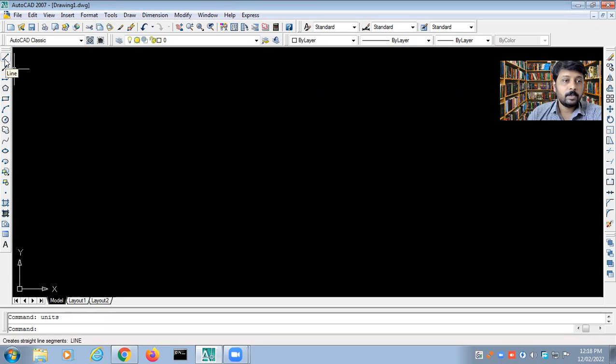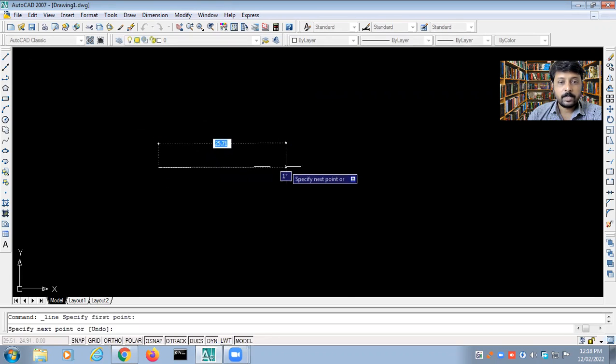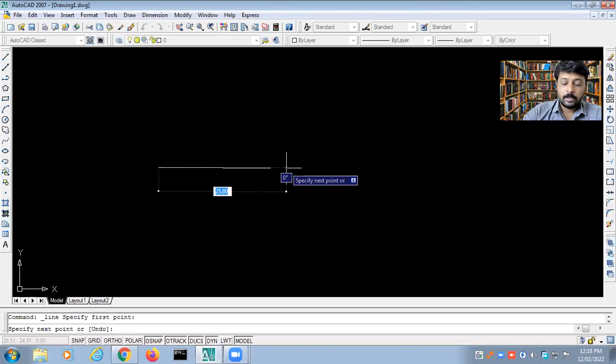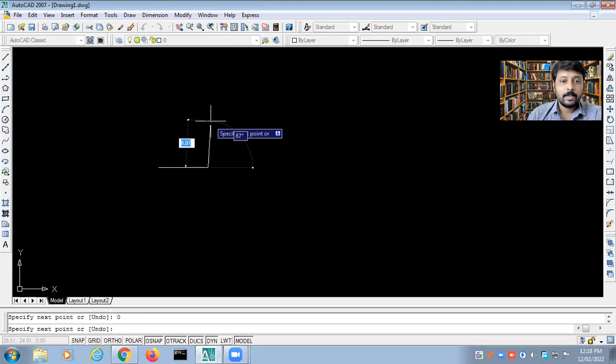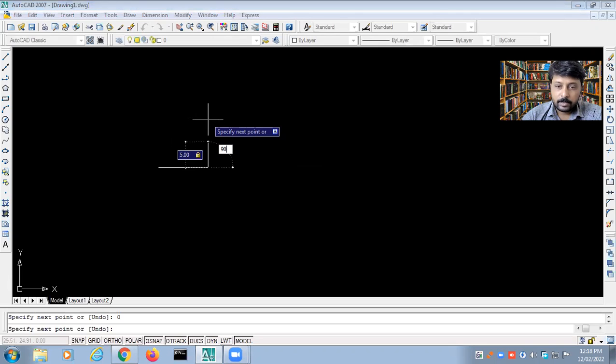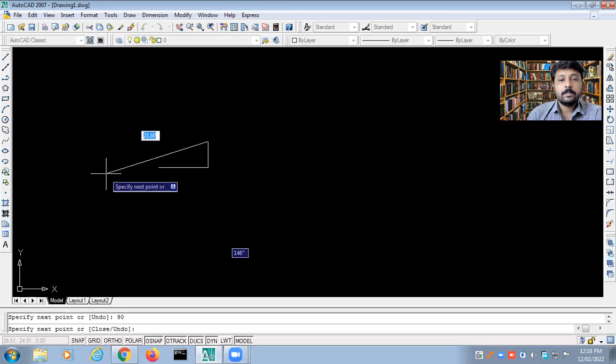So first we wanted to draw a rectangle. We started with the first point, then took the length as 10 mm and the angle as 0. So we got this line. Then we took the height of the rectangle as 5, with the angle at 90 degrees.